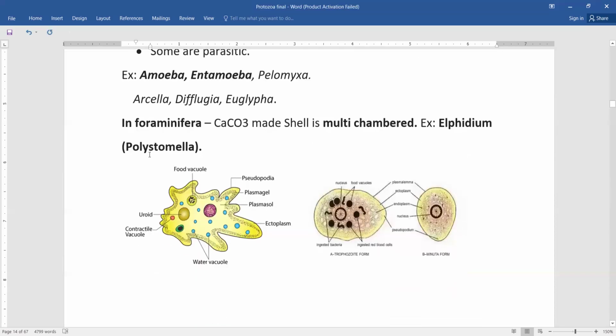There is another famous example which we are going to study as a type study, that is Elphidium or Polystomella. In Foraminifera, which is an order in the Rhizopodia, the shell is made up of calcium carbonate and the shell is multi-chambered. We will study about it because we have it in our degree syllabus.